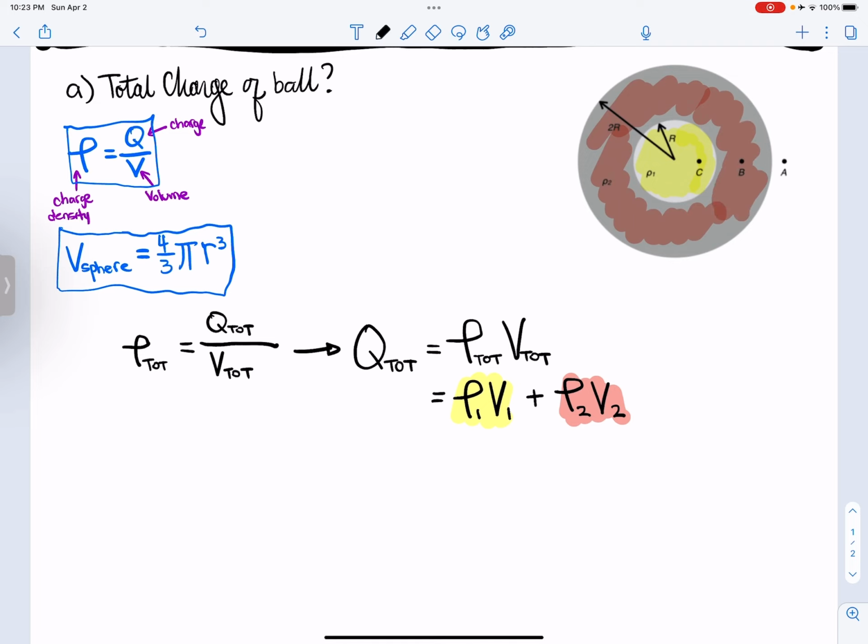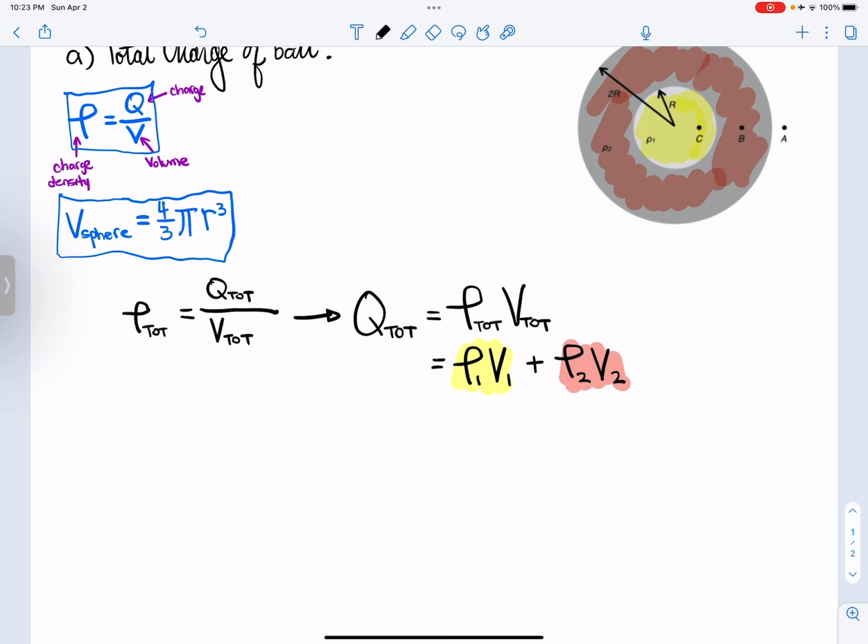So let's break that down. First, let's break down what V1 and V2 are. V1 is the volume of the inner layer. We've got this formula right here for the volume of a sphere.